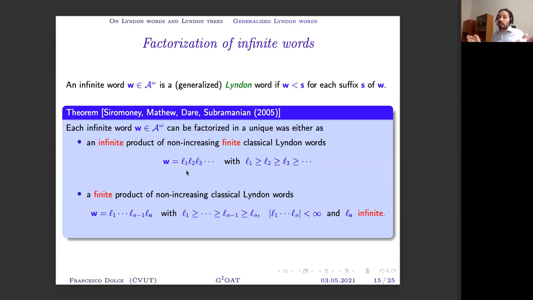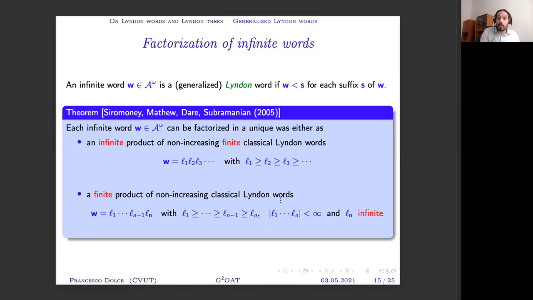Well, you can do it in two ways: either using only finite Lyndon words, and in this way you will have an infinite product of non-increasing finite classical Lyndon words, or you can use only a finite number of these Lyndon words, but the last one must be an infinite word. Now, Siromoney, Mathew, Subramanian, and Chandrasekaran proved in 2005 that this is possible. Given every infinite word, you can factorize using classical Lyndon words in one of these two ways.